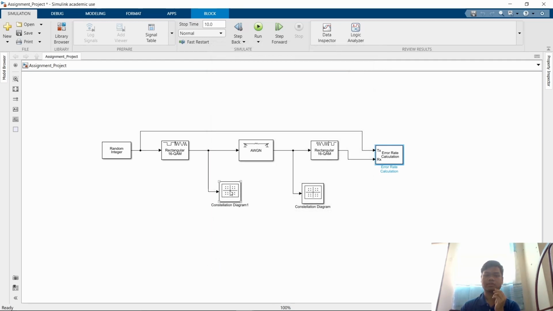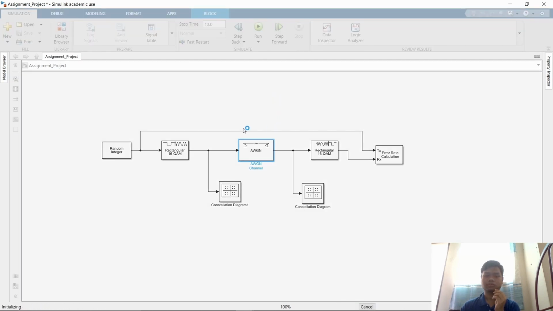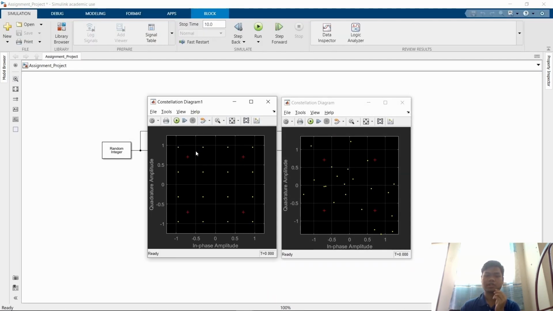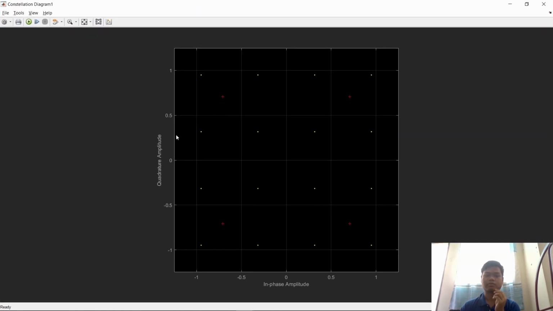Constellation diagram number 1 will generate the output for the rectangular QAM modulator baseband. Same goes for this one, the constellation diagram will generate an output for the AWGN. So if we run the simulation, as you can see, this is the constellation diagram for number 1, the output for the QAM modulator.